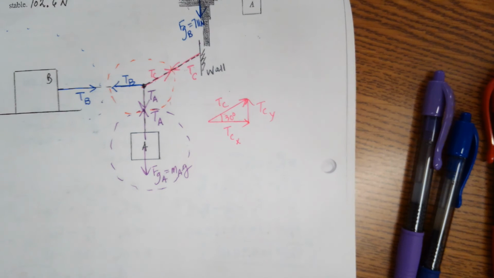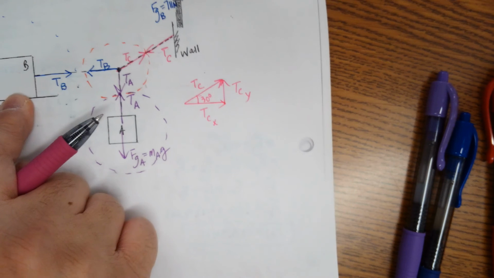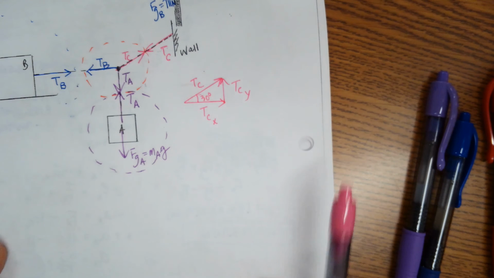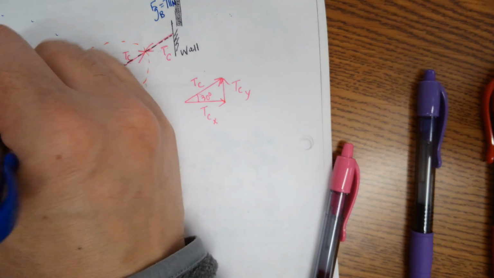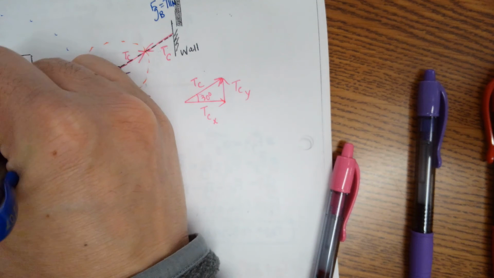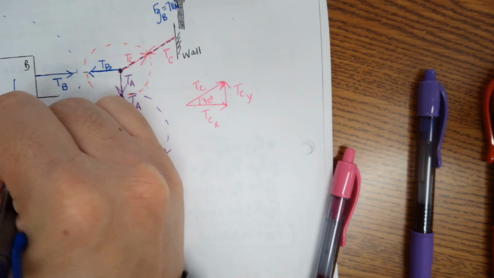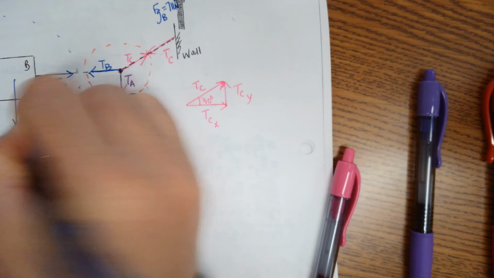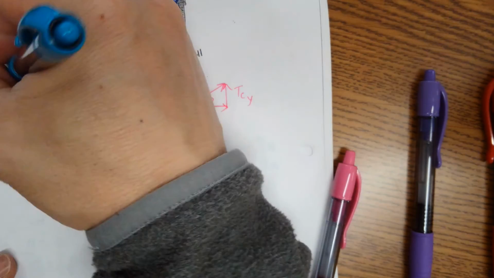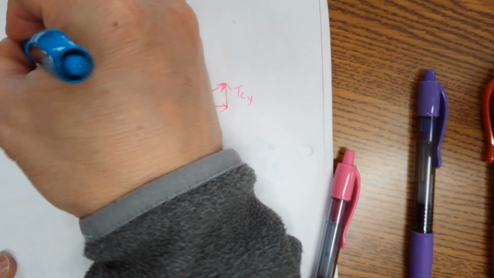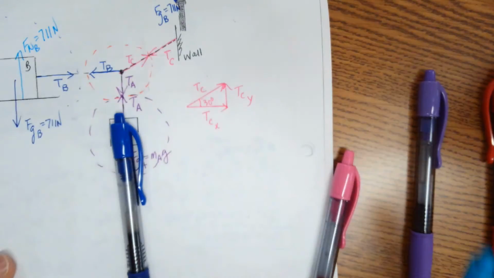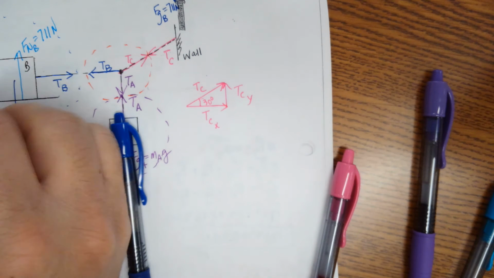All right. And let's take a look at the force diagram for this. We have TB going to the right. Obviously, we have FGB, which is 711. And then we have F normal B, which is 711. And we have friction.